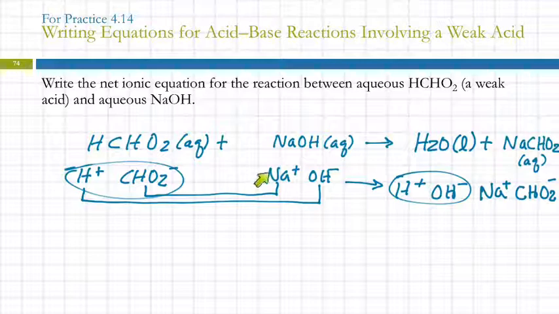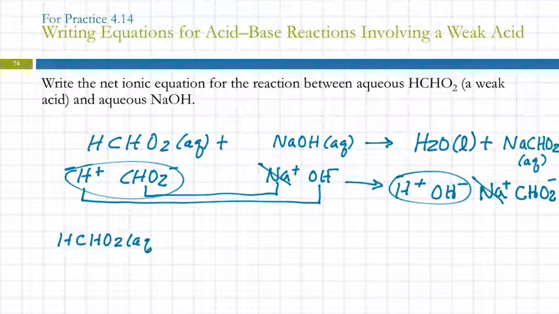So the things that are ions are sodium ions, hydroxide ions, sodium ions, and this formate ion. So I only have one spectator here. It's the sodium ion. So this is something I need to write as a molecule.